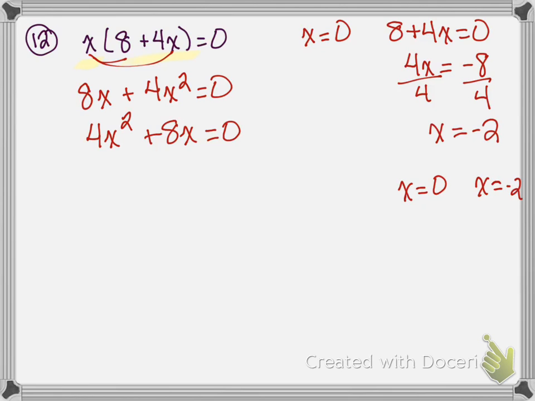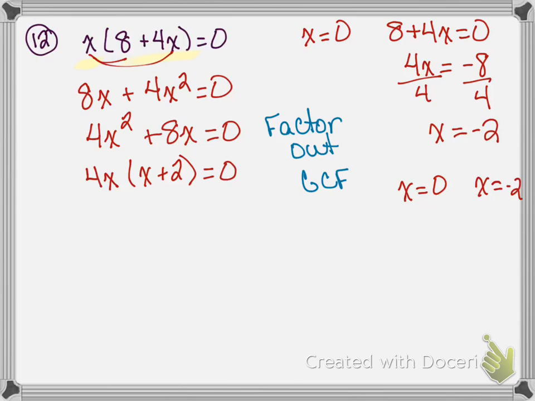Now I can factor out the GCF. I have a 4 and an x that can come out of both of those. So then I'm left with x plus 2 equals 0.